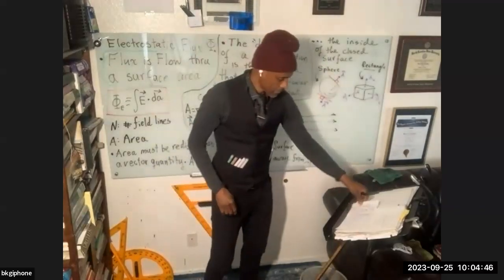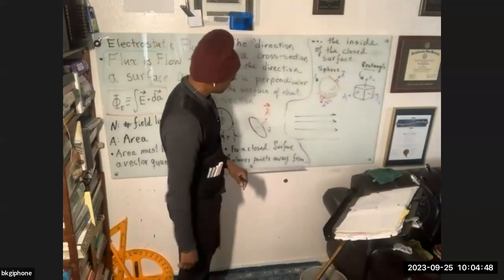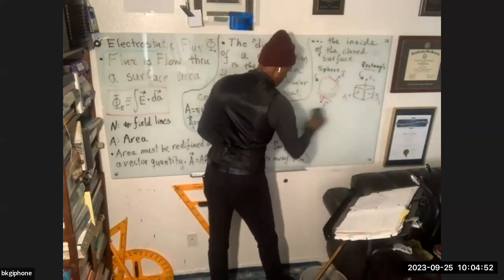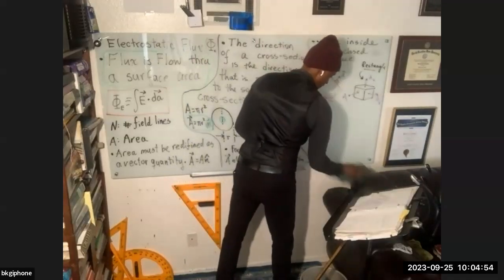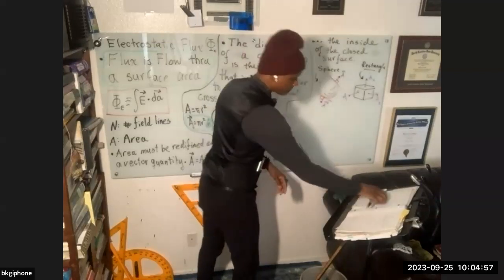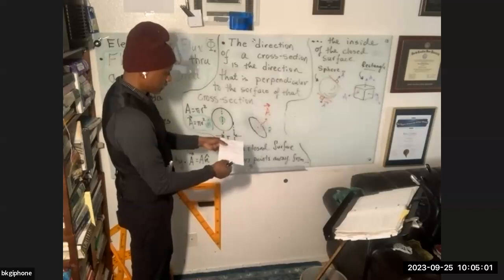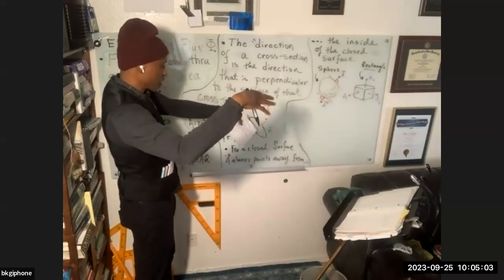Actually, I should have drawn the paper first. Let me do that so I can gauge. I'm just going to take this piece of paper and look at it from a three-dimensional perspective.